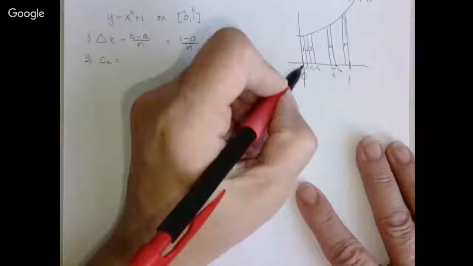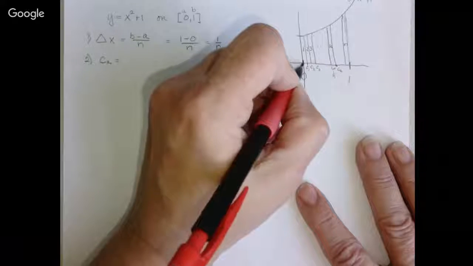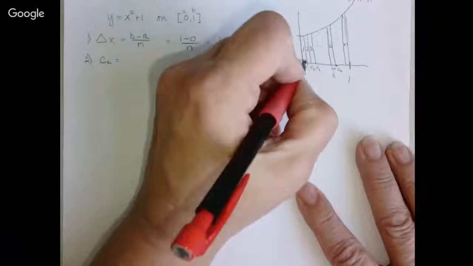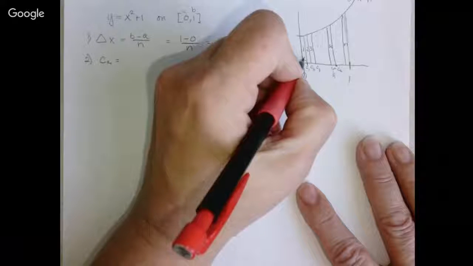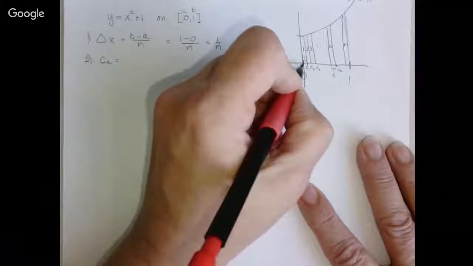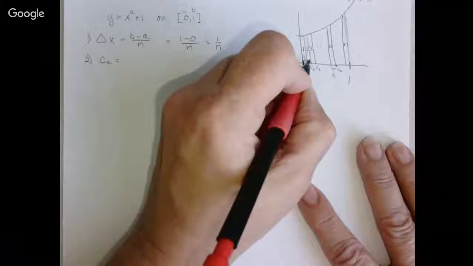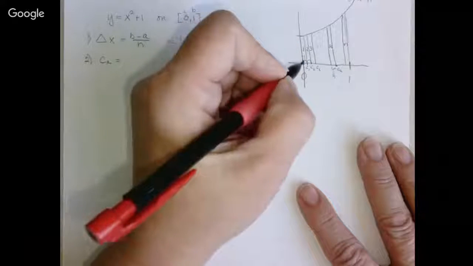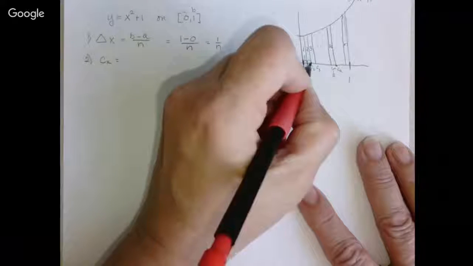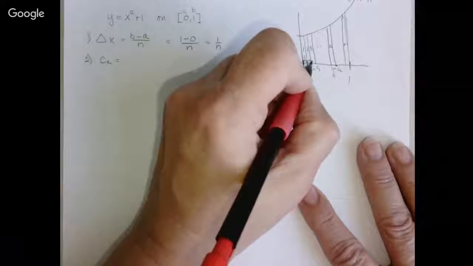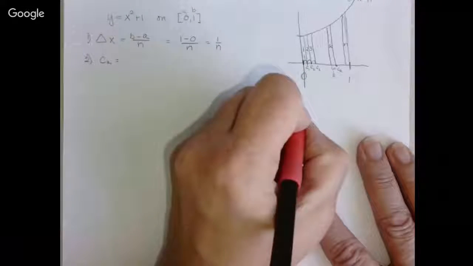Now let's just think about how we get to C1. We start at the left side at 0, the left endpoint, and we take one jump of 1 over n, one delta x jump. To get to C2, I start at the left, and I have to take 2 delta x jumps to get there. To get to C3, I'd have to take 3 delta x jumps.